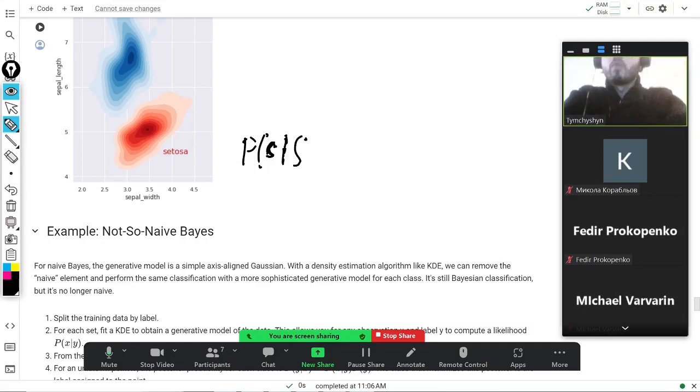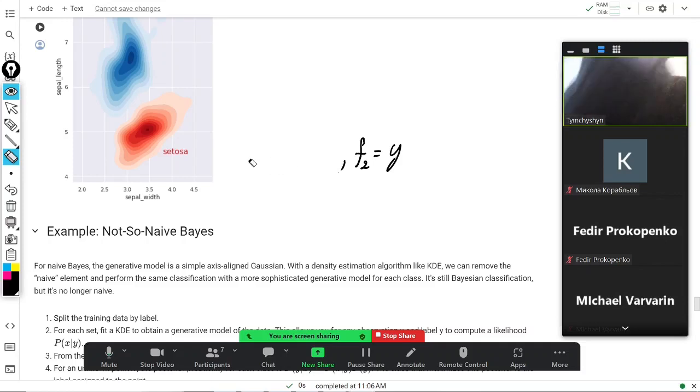For example, feature 1 is equal to x, feature 2 is equal to y. Maybe I can rewrite that better. Class C, feature 1 equal to x, feature 2 equal to y, and so on.